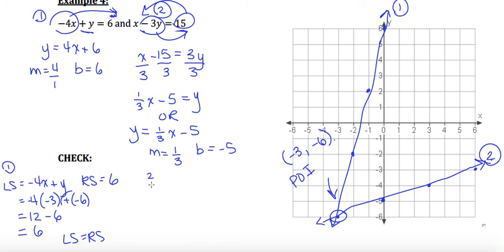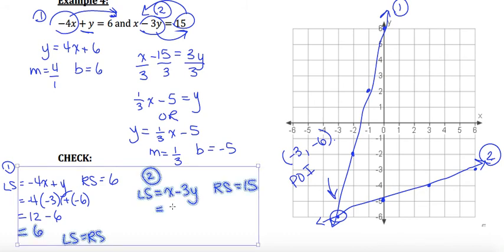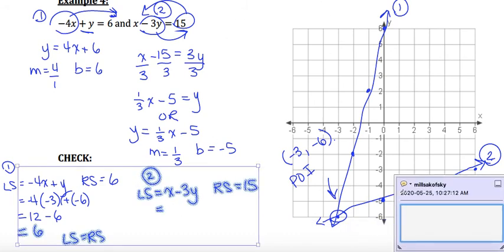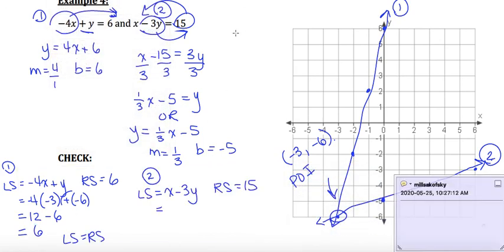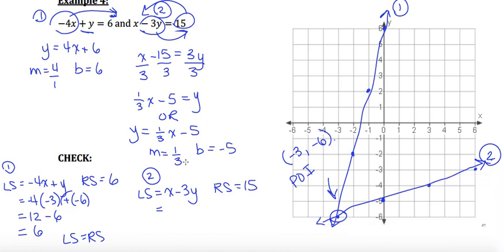And we're going to do it for equation 2. The left side is equal to x minus 3y. The right side is 15. So x is -3, minus 3 times -6.